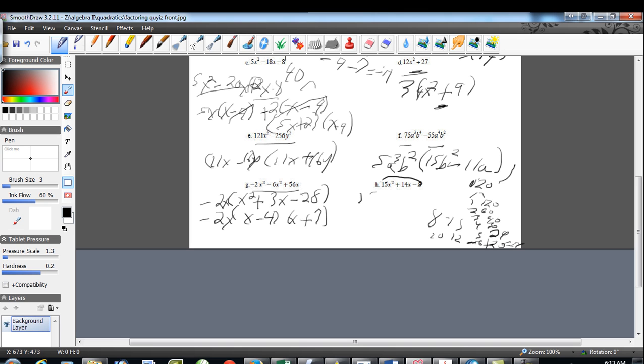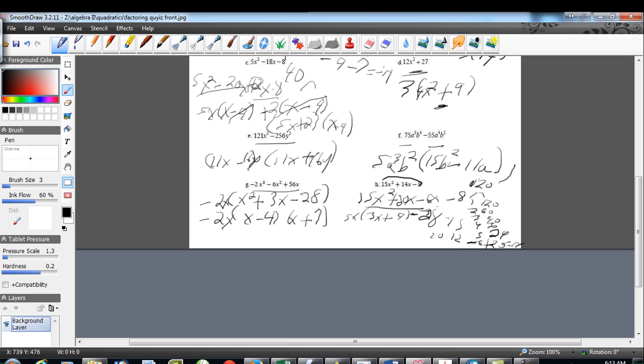So that guy becomes 15x squared plus 20x minus 6x minus 8. What can I pull out? 5x. I'm left with 3x plus 4. Pull out a minus 2.